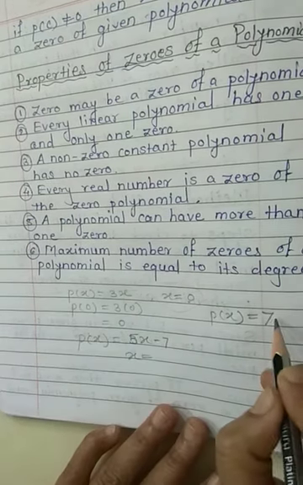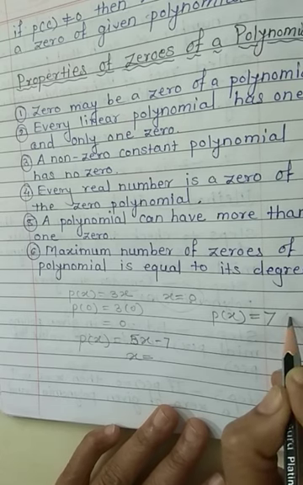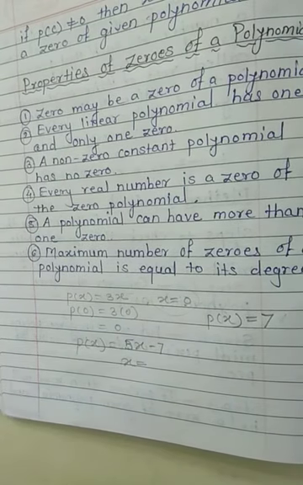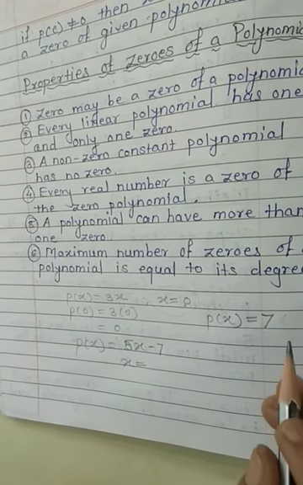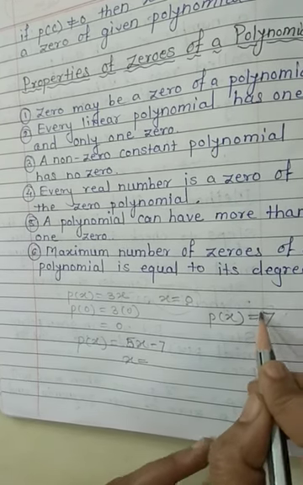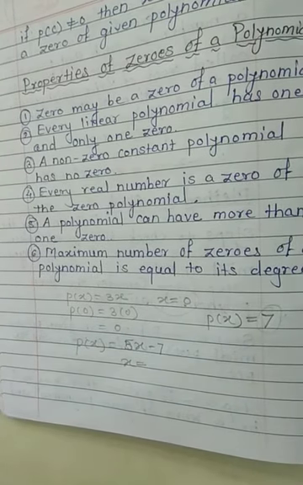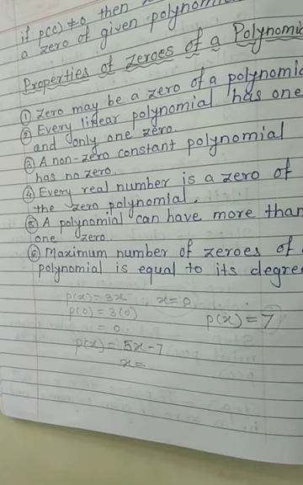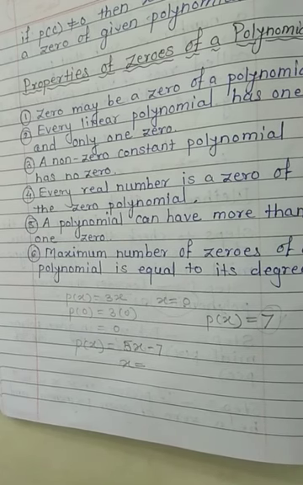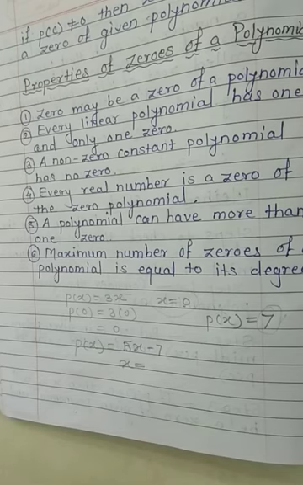As there is no variable here, we can't put the value of any variable, so we will get only this constant number as the value of the polynomial, and therefore a non-zero constant polynomial has no 0. That means we can't put any value of the variable here to get the value of the polynomial.